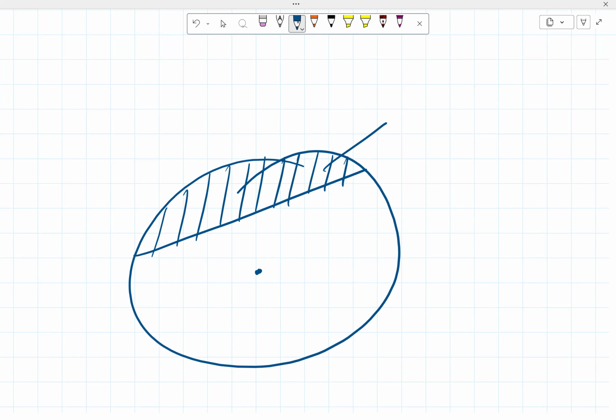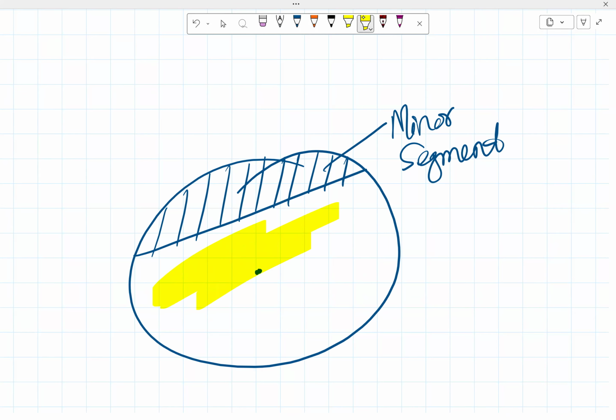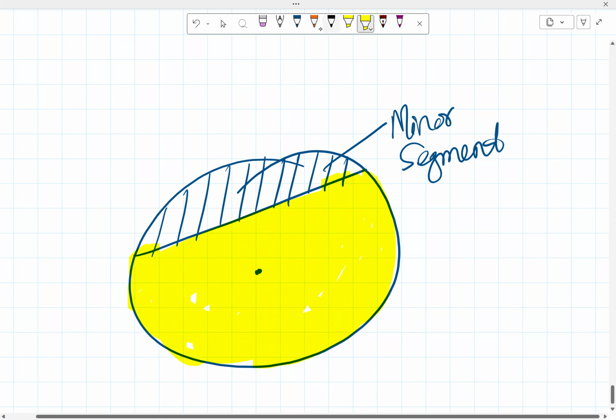Because it is the smaller part, this is what you call the minor segment. This other part, this bigger part, is your major segment. So for a circle, you always have that minor and major thing: major arc, minor arc, major segment, minor segment, major sector, minor sector. This shaded region now is what you can call the major segment.